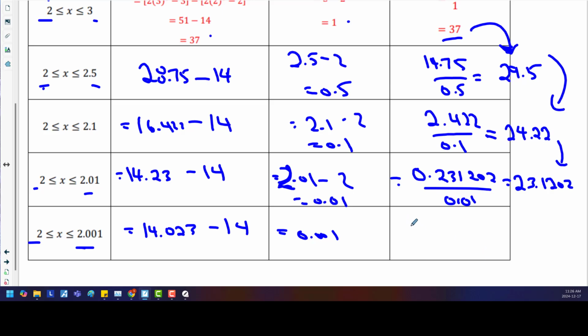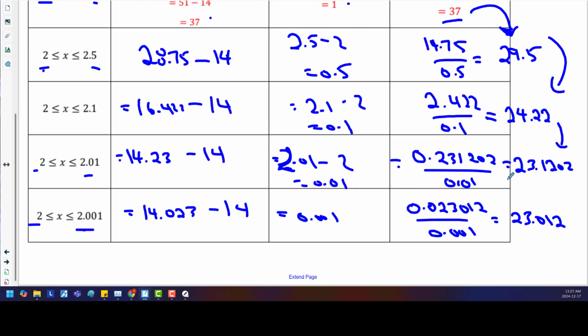And you should get 0.023012 divided by 0.001. And we get 23.012. So see what happened here? It went from 23.12 to 23.012. So it's getting closer and closer to a certain value.